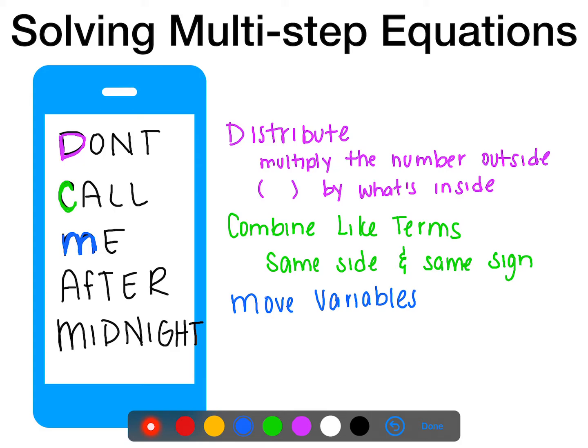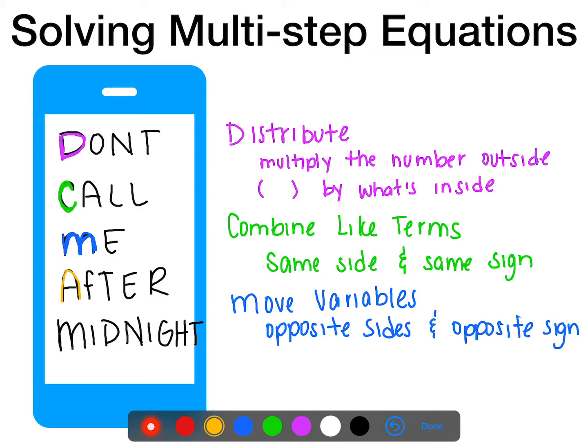Moving variables is always when the variables are on opposite sides of the equal sign, and we have to get them together. And when they're on opposite sides, then we use the opposite sign. So we've got opposite sides and opposite sign.